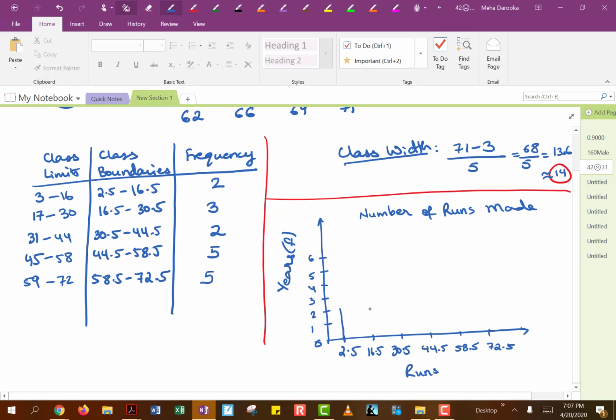You can see this is all freehand, so it's not going to be very accurate, but at least it'll give us an idea. For the second class, we have a frequency of 3, so we are looking at something like this. Then we fall back to a frequency of 2 for the next bar, and then we have a frequency of 5 for the last 2 classes.